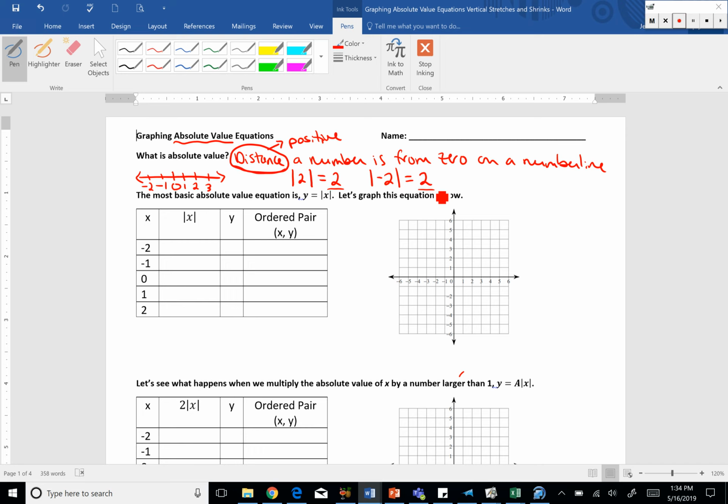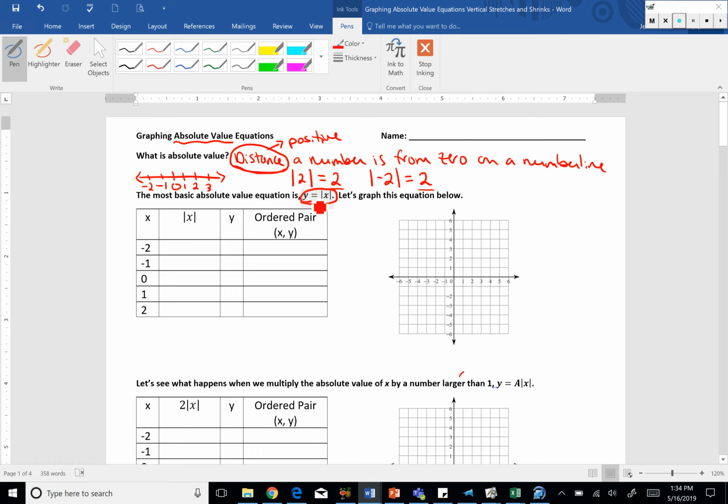The first piece I want us to look at with absolute value in this unit is how do we graph it? And I'm guessing most of you have never seen an absolute value graph before. So I want to start with the most basic absolute value equation, which is just y equals the absolute value of x.